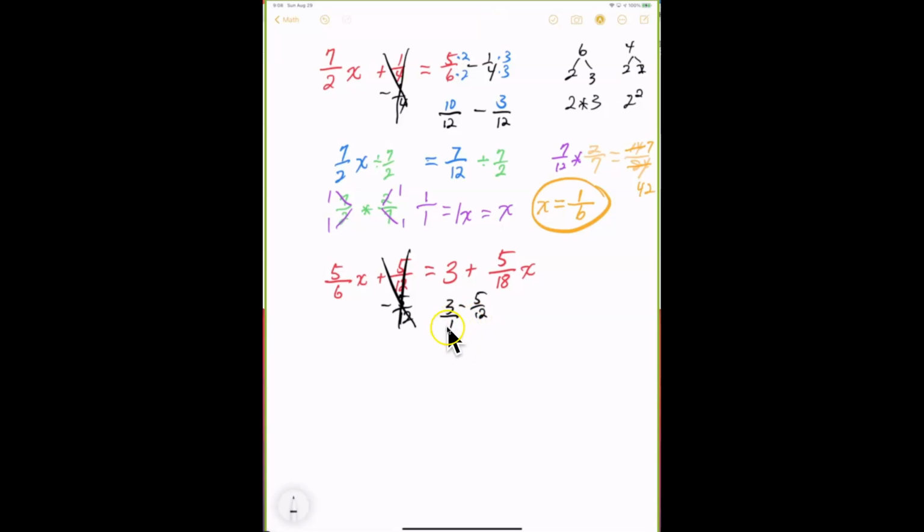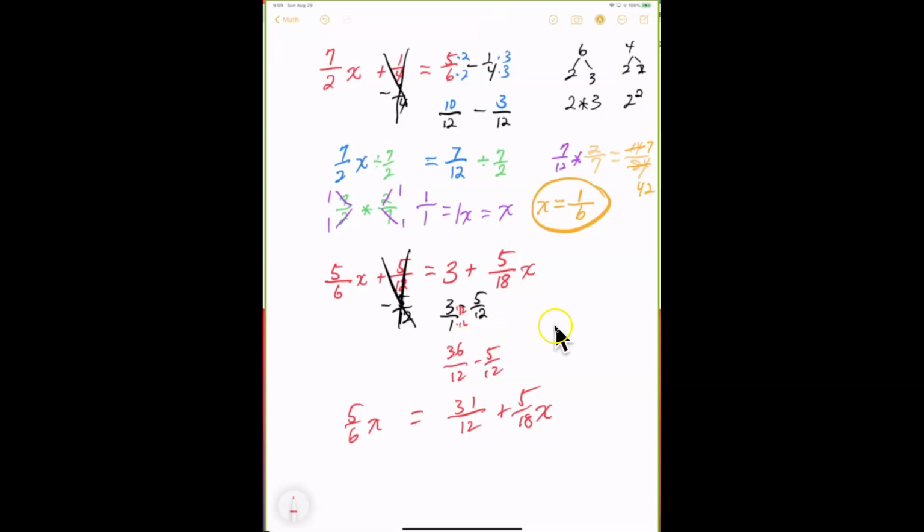And so 12 would be a great number here. 1 goes into 12 12 times. So if we multiply the top and the bottom times 12, we will get 36 over 12 minus 5 over 12. That's equal to 31 over 12 plus 5/18 x is going to be equal to 5/6 x.